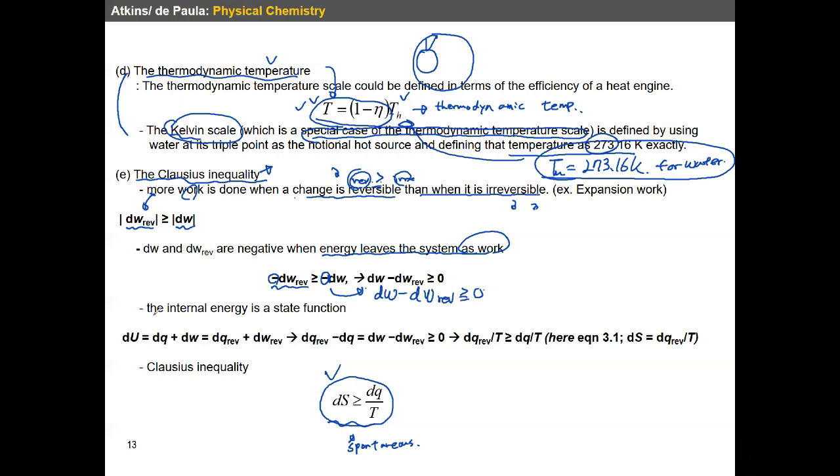And by the way, internal energy is a state function, right? So therefore, regardless of whether the process is spontaneous or not, I mean reversible or irreversible, the amount of internal energy change should be the same because it's a state function. So that can be written as dU equals dq plus dW equals dq reversible plus dW reversible.